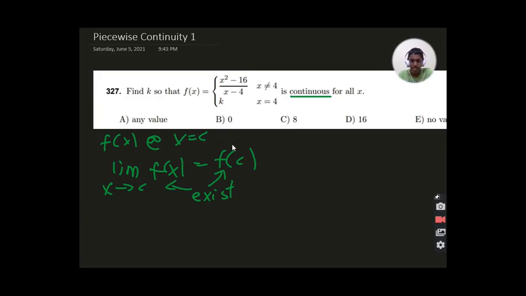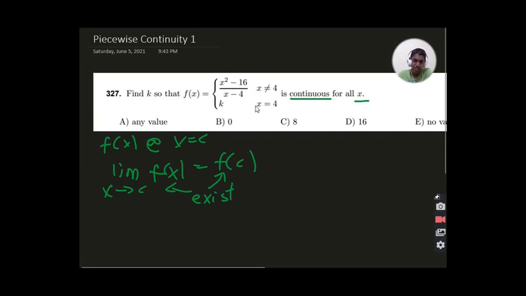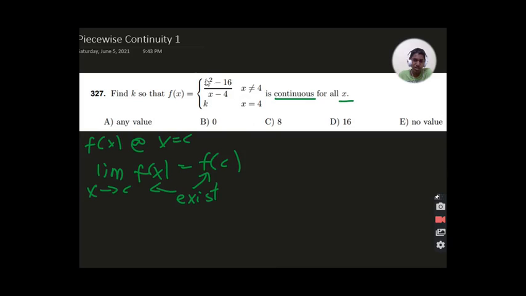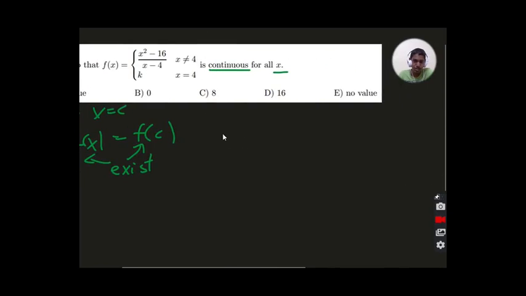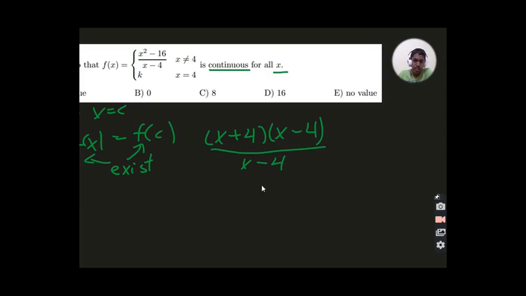Great. But if it's continuous for all x, that means whatever c we choose, this has to work. So we've got a piecewise function defined for everything but 4, and then we've got something for 4. Maybe let's look at this a little closer first. So x squared minus 16, we can factor that. It's a difference of squares, over x minus 4.